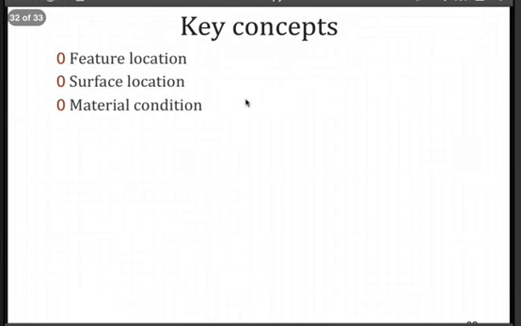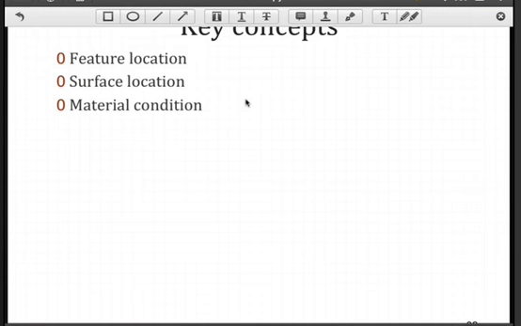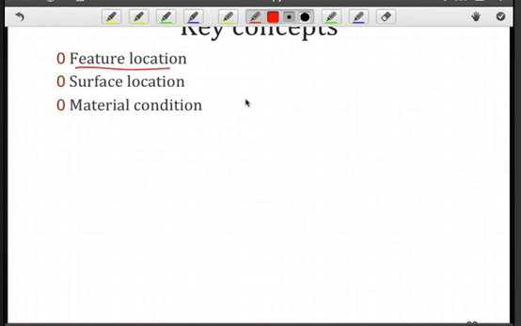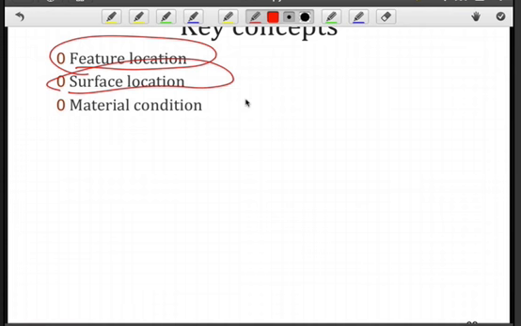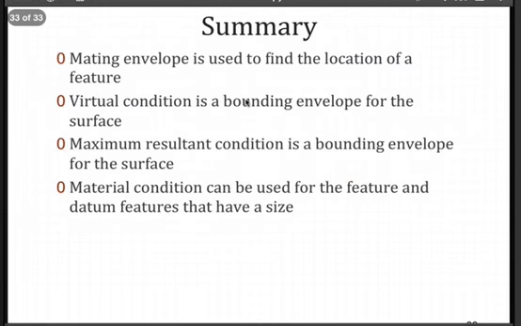So at this stage, you should know how to locate a feature based on a locating geometry. So we saw the use of a mating envelope to determine where that feature is. We also understand the notion of surface varying between the virtual condition and resultant condition, and the effect of material condition. Mating envelope is used to find the location of a feature of size, and we've seen that in a number of examples.